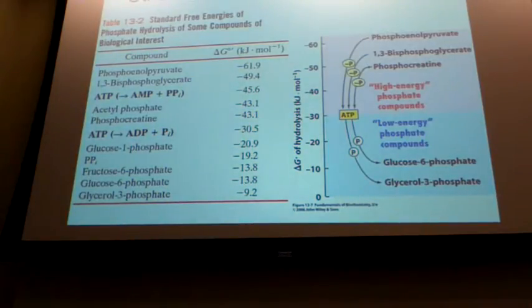And actually, I'm not sure it's still 13.2 because I didn't update this when we looked at it. But there's a table that has free energy changes for hydrolysis of phosphate groups off of different compounds.